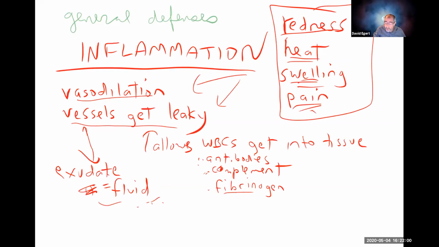The pain comes both from the pressure on the little pain receptors, but there are also particular signaling molecules that are being released that activate the pain receptors as well. Pain, again, is helping the area heal by telling you, stop doing that. Leave it alone. Let it get a chance to heal.